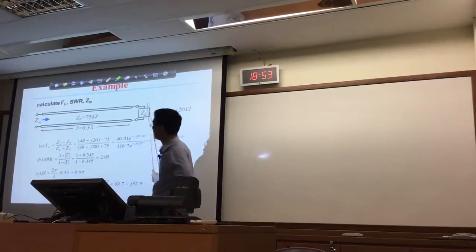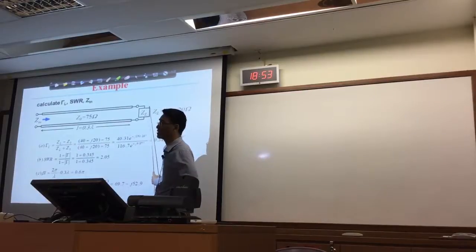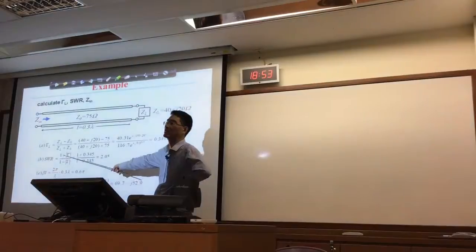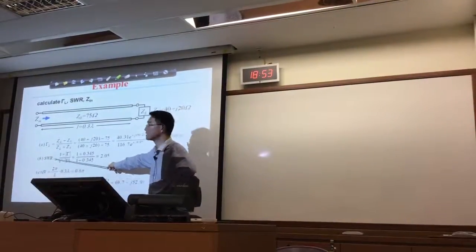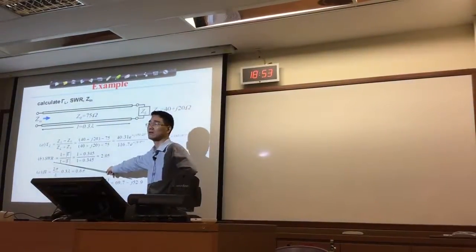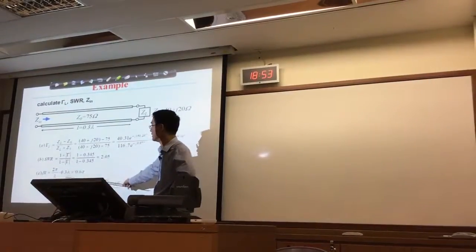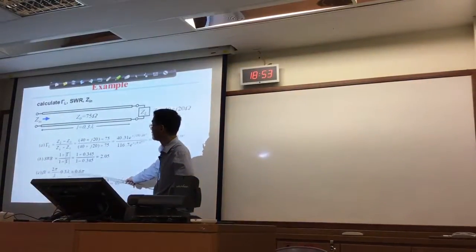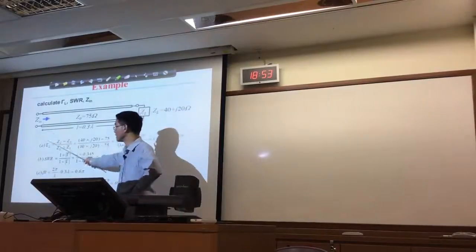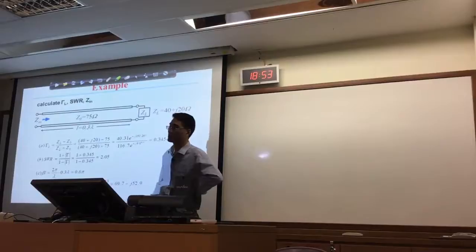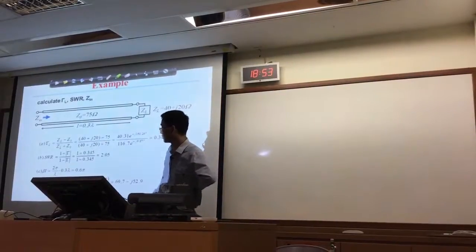Calculate the reflection coefficient at the load location by applying the equation, then the SWR, also straightforward. When asked to calculate the input impedance, just apply the transmission line equation.